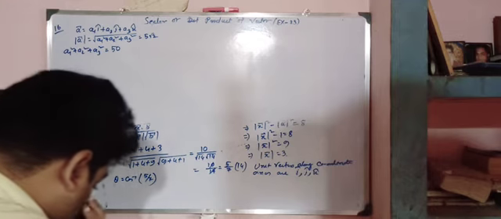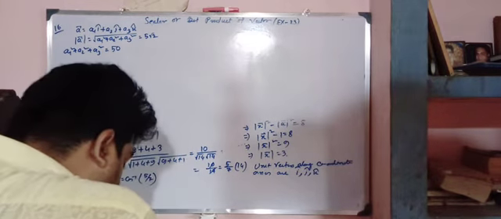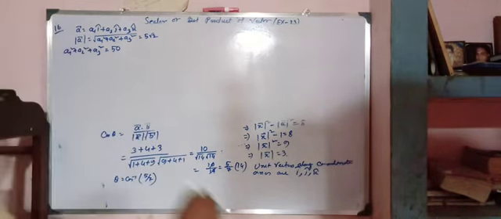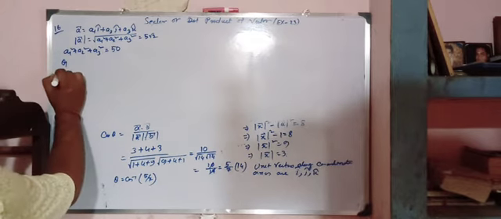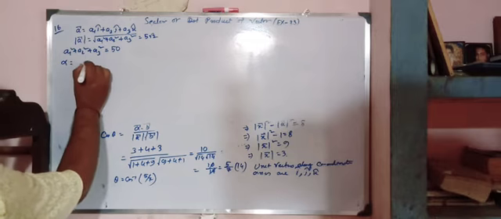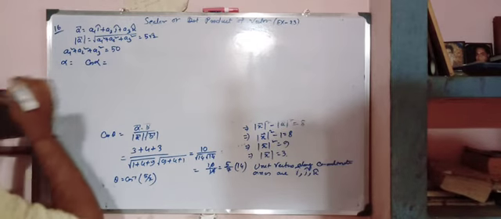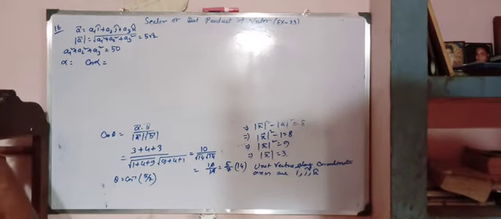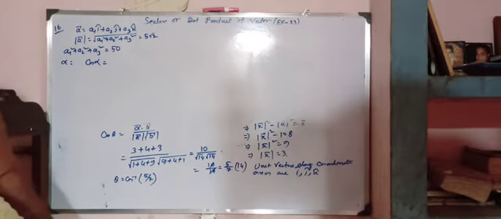Now it makes an angle pi by 4 with x axis. So if alpha be the angle, then cos alpha, I am doing directly, x axis means only I component will be there.